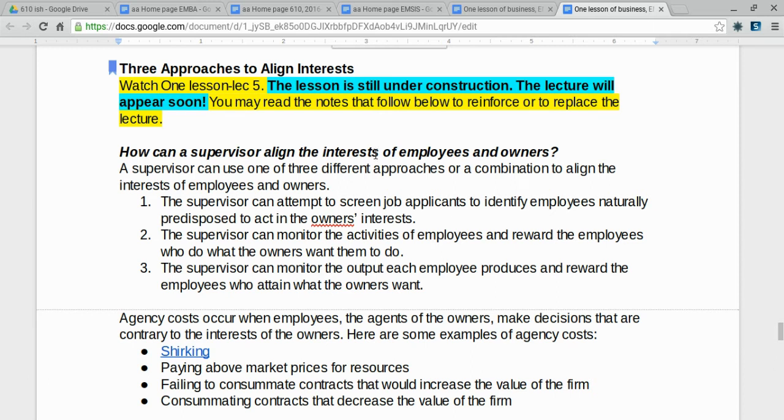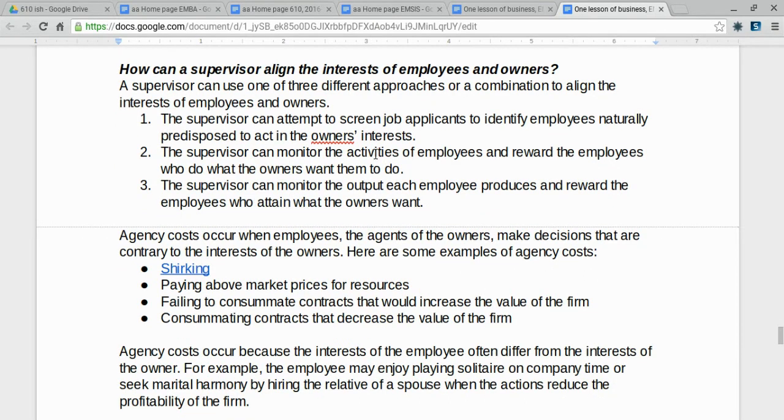A supervisor can use one of three different approaches or a combination of the three to align the interests of employees and owners. The supervisor can attempt to screen job applicants to identify employees naturally predisposed to act in the owner's interest.